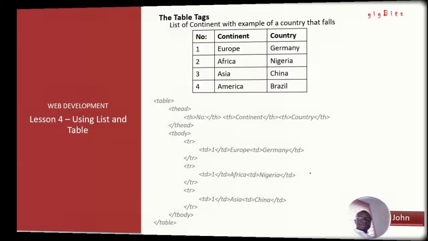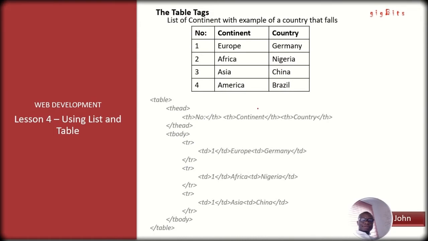When it comes to the table tag, as you can see from the simple table created here, we have three columns, 1 2 3, and we have 5 rows, 1 2 3 4 5. The top row is the header, and the other rows are where the data is. The table tag surrounds the whole code itself, and then we have a header and the body.